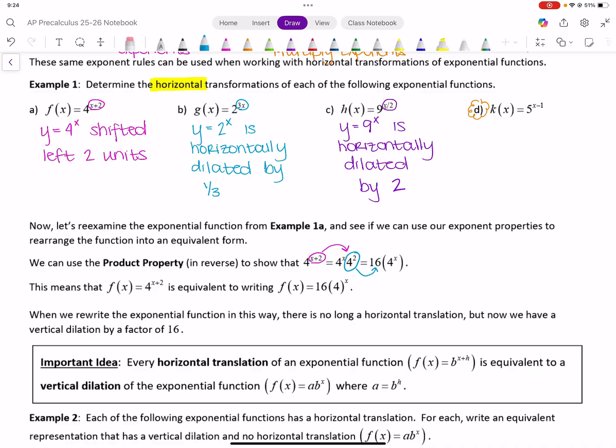So if you notice, there is no longer a horizontal translation, but now we have a vertical dilation by a factor of 16. So the important thing you want to notice here is that horizontal translations become vertical dilations when you rewrite that exponential function. So they are equivalent.